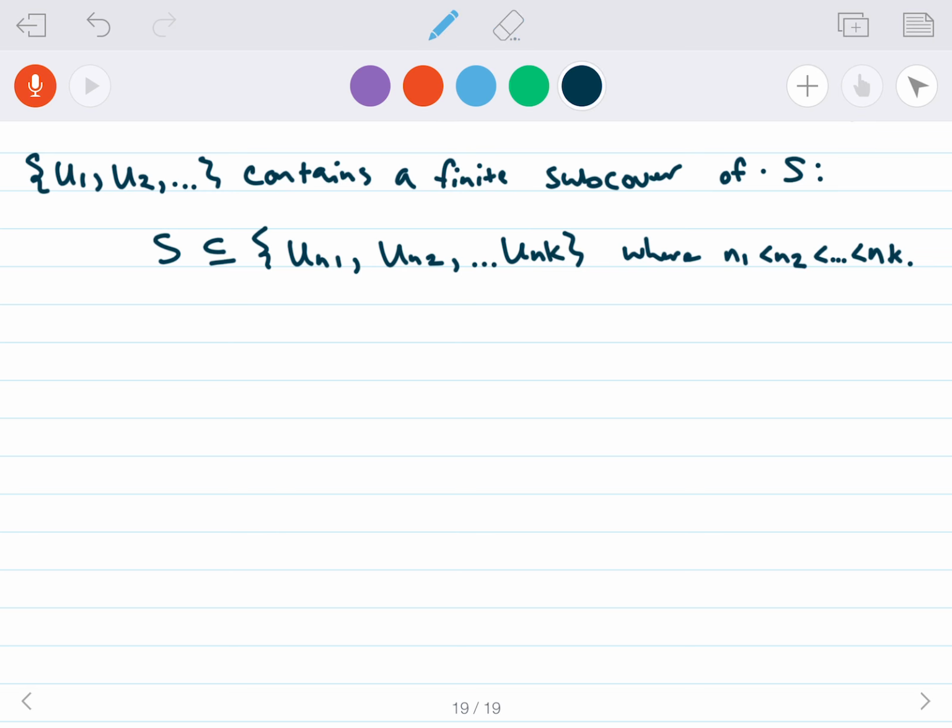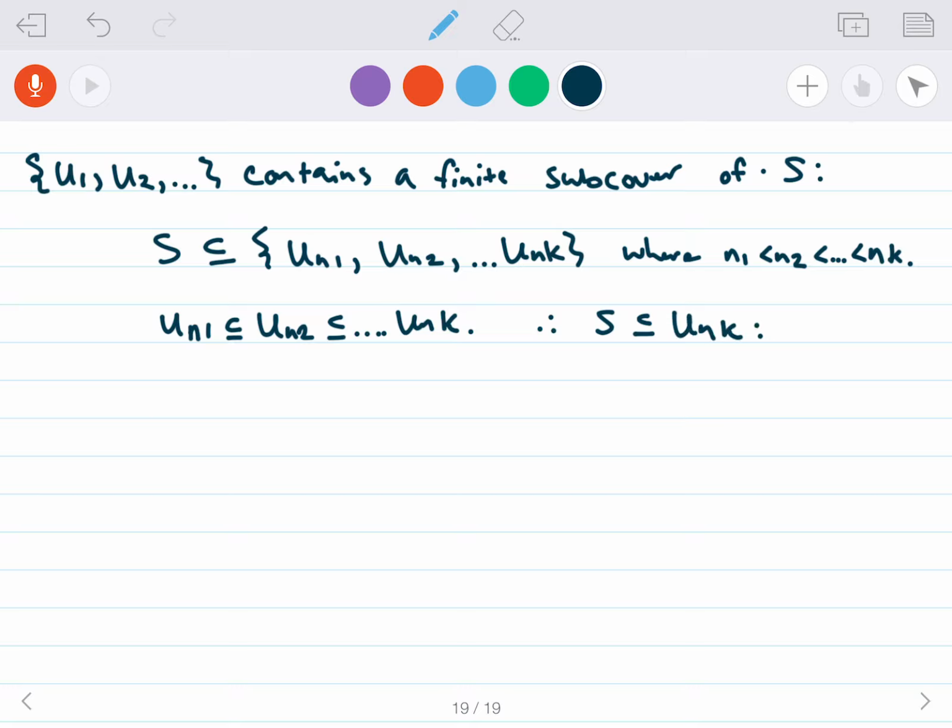We have the same thing as when we were showing boundedness: U_n1 is contained in U_n2, and so on up to U_nk, and so S is completely contained in U_nk.